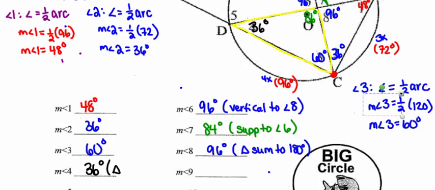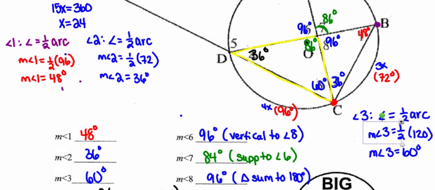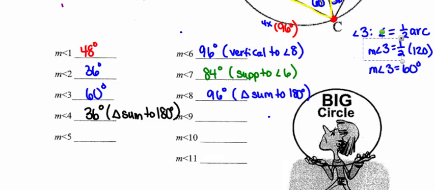And again, triangles sum to 180. Angle 5, I notice, happens to form a straight line with angle 4, and together they have to total up to 180. So 180 minus 36 gives me 144 degrees for angle 5.